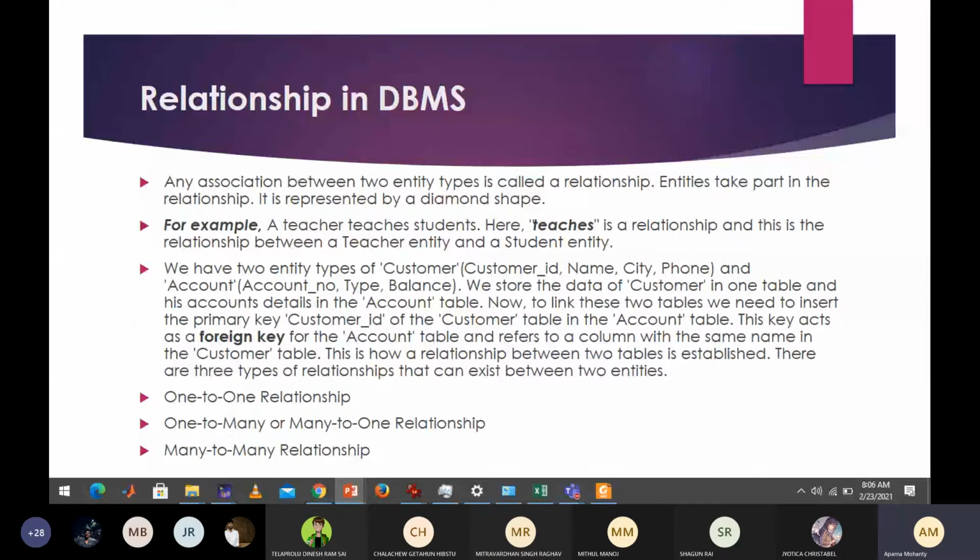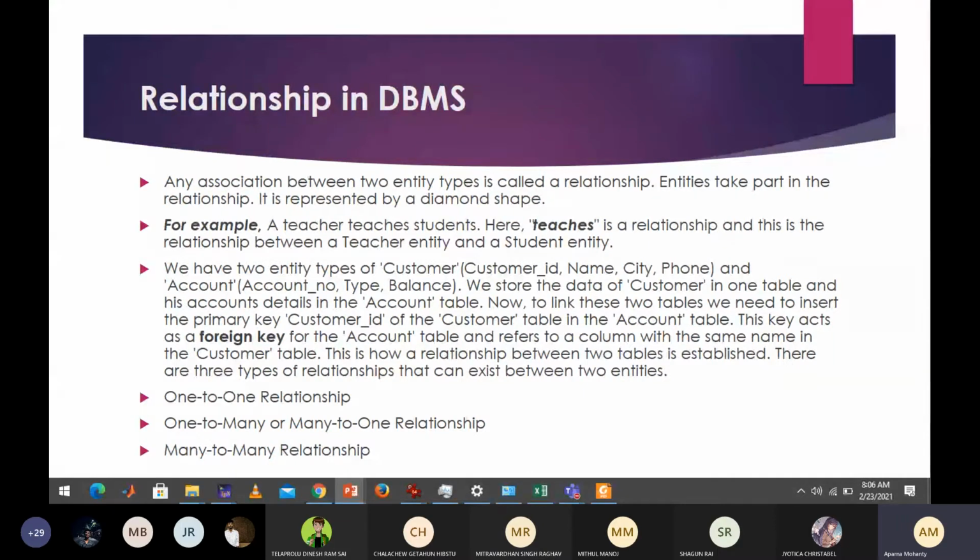Similarly, the account has different attributes like the account number, the balance, and so on. We store the data of the customer in one table and the data of the balance in another table. We can relate both these tables through the use of a key.